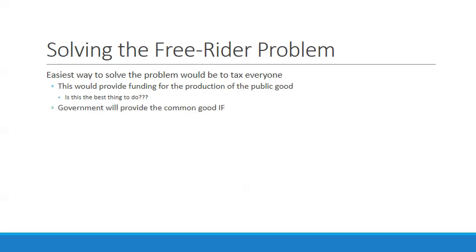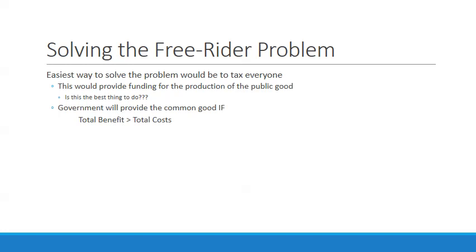Here's what the government decides on. The government will provide the common good if the good ensures that total benefits outweigh total cost. So if the benefit to the public is more than what it's going to cost, then you might as well just allow the free rider problem.